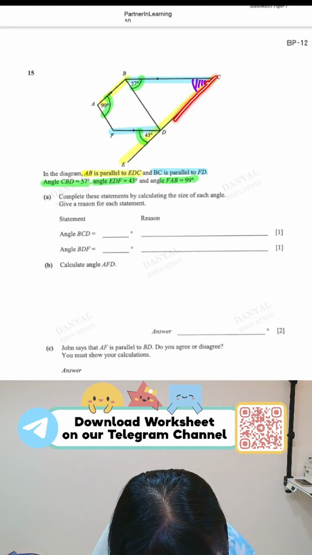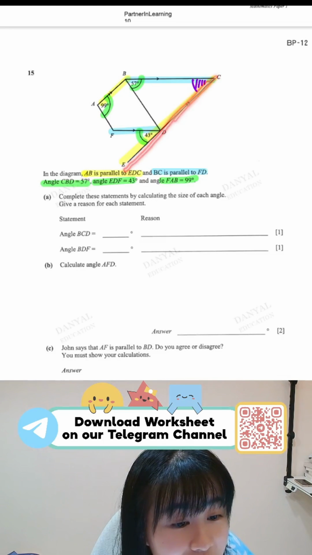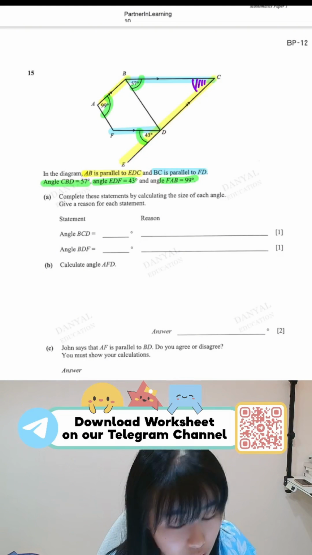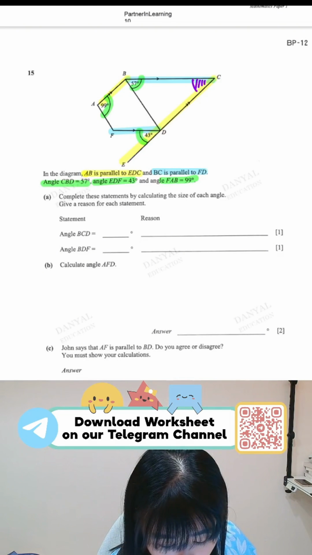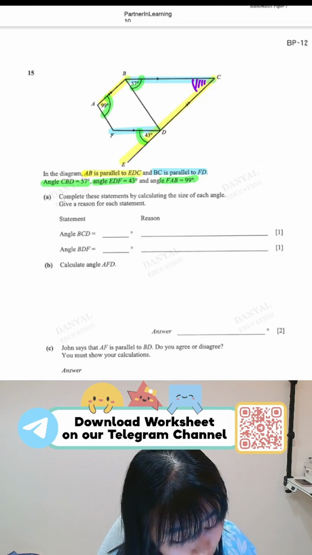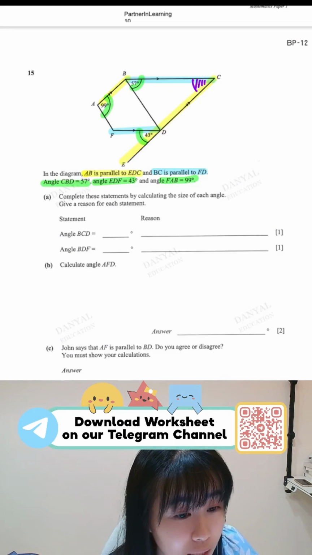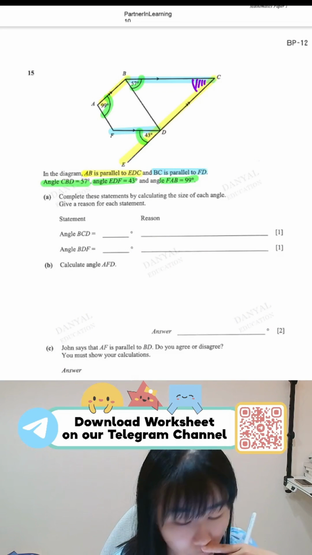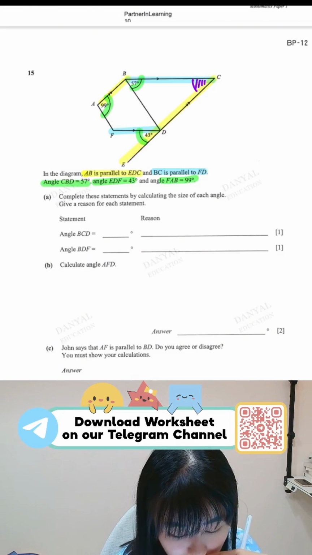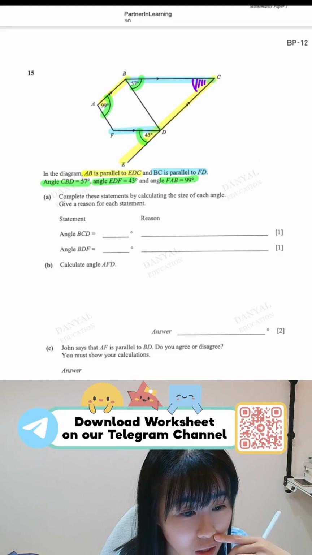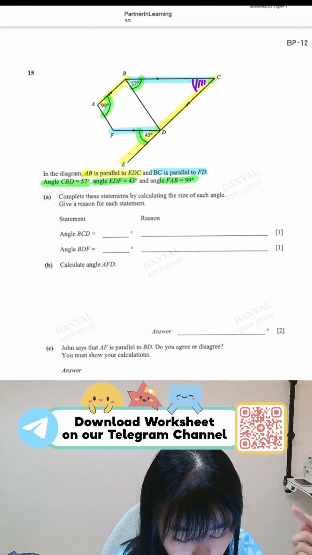CDE is angle of straight line what? Sister. Ian say 180 minus 57. You're finding which angle? 180 minus 57? May I ask which angle? Why you 180 minus 57? I'm curious. Because alternate angles.